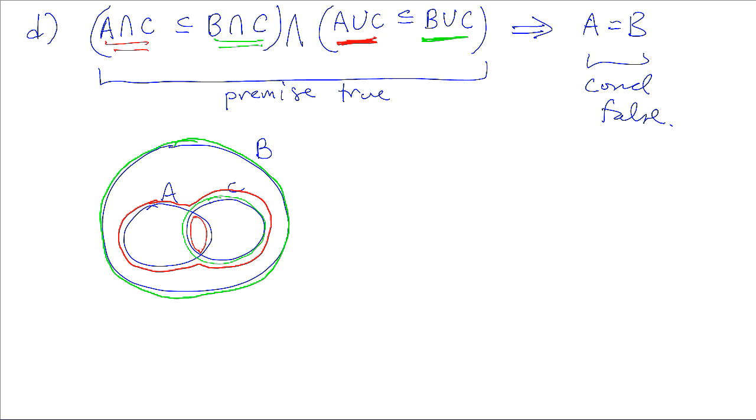And so A union C, the thick red line, really is a subset of the thick green line. So both of those are true. But does A equal B? No. Okay, so this does it. So this proves it. Okay, so all of these things are true, but A does not equal B.